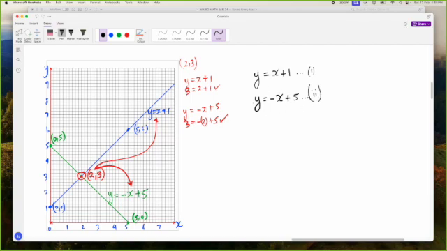And what we just did, by drawing the graph and finding where they intersect, was we solved the equations simultaneously.